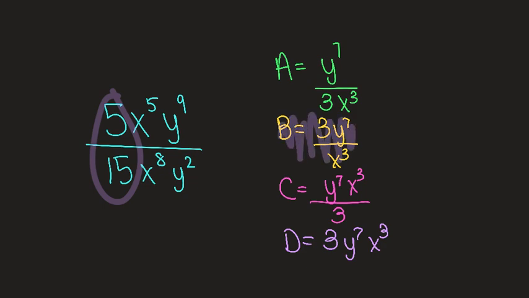So I can eliminate these two because they have a 3 on the top. Now both of these have y to the 7th on top, so 9 minus 2, they both have 7. The question is x to the third on the denominator or in the numerator? It's going to be in the denominator because 8 is bigger and 8 is in the denominator. So the correct answer was C.